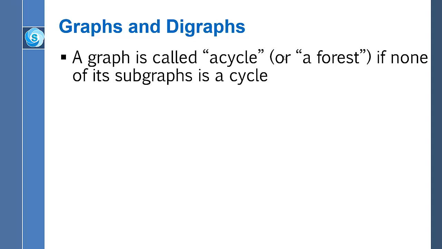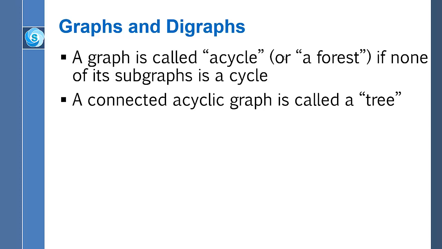So I say again, it's called an acyclic graph. And there's another name given to it commonly that will make sense in a moment probably, but acyclic graphs are also called forests.